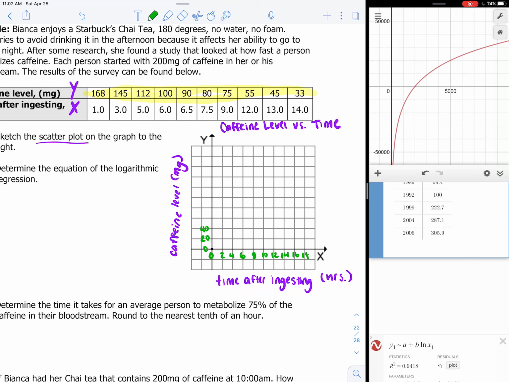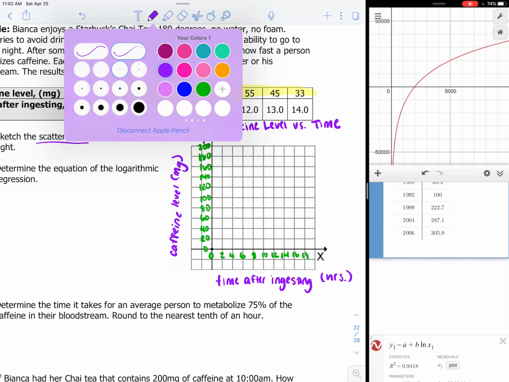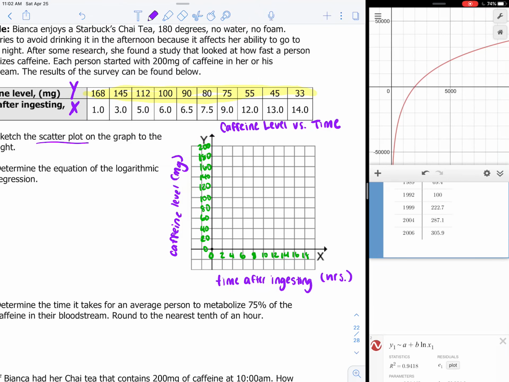So 0, 20, 40, 60, 80, 100, 120, 140, 160, 180, 200. It looks like we just made it. Remember that we always want to make sure our scale is spread out as much as possible in the space provided, because otherwise that could result in lost half marks or communication errors.